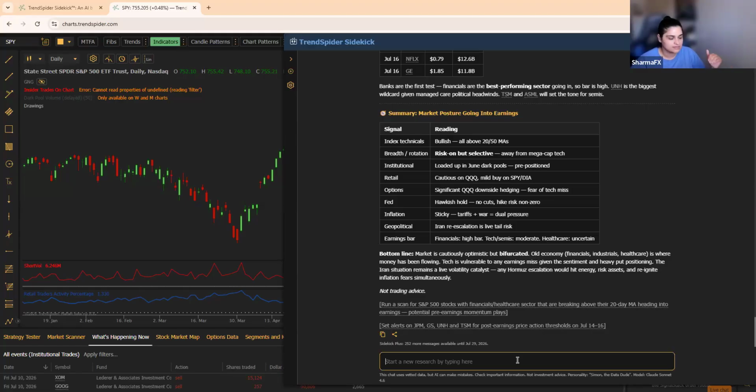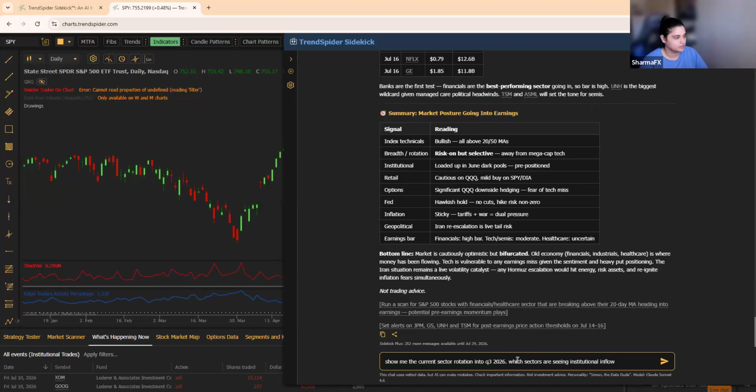And so what I'm going to tell Sidekick to do for me now is show me the current sector rotation into Q3 2026. And I'm going to say, what sectors are seeing institutional inflows.